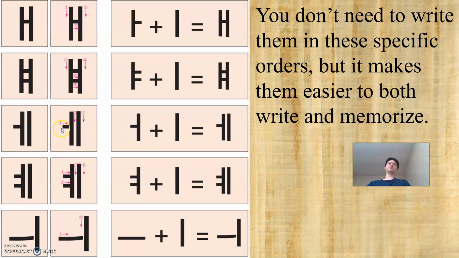So you start from the left and you move towards the right. Down, across, down, across, down. But again, you don't really need to write it in this specific order, but it definitely helps.